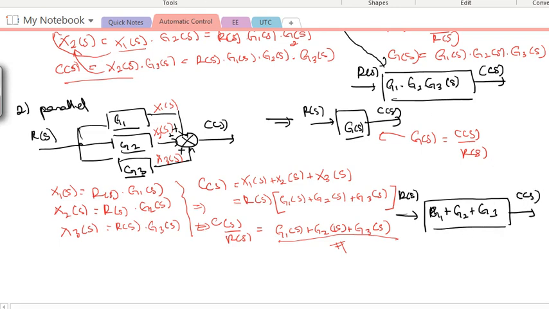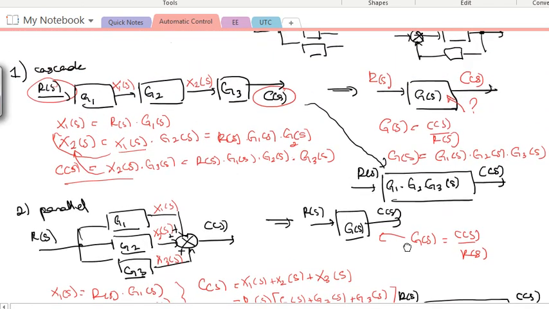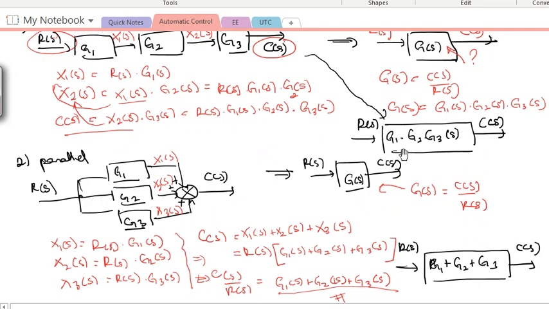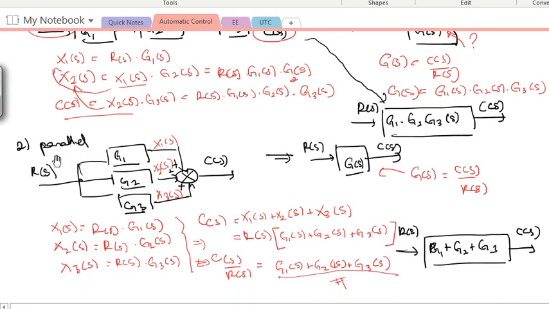So what's the difference with cascade? In cascade, the equivalent transfer function is the multiplication of those functions. In parallel, the simplified equivalent transfer function is equal to the sum of the transfer functions in parallel.